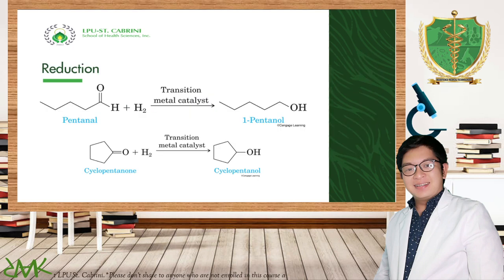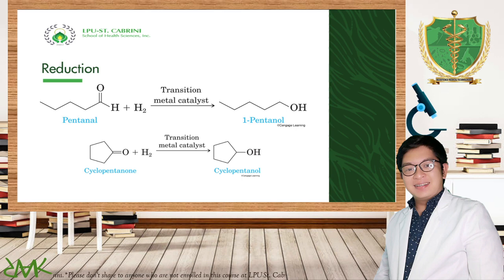Now, another type of reaction of our aldehydes and ketones is its ability for reduction. Remember, in our discussion of alcohol, primary alcohol once oxidized will give you aldehyde. Secondary alcohol once oxidized will give you ketone. This is the other way around in reduction.